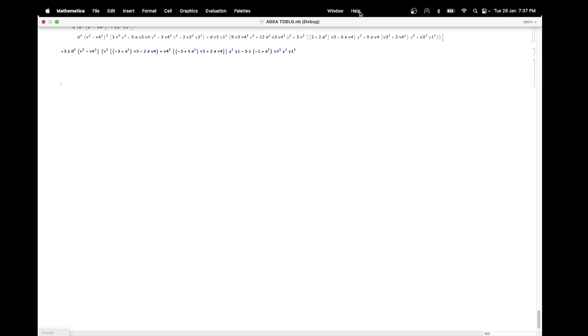So this is basically 26 into 25 into 24 into 23 into 22 divided by 5 factorial, multiplied by 26 into 25 into 24 divided by 3 factorial.